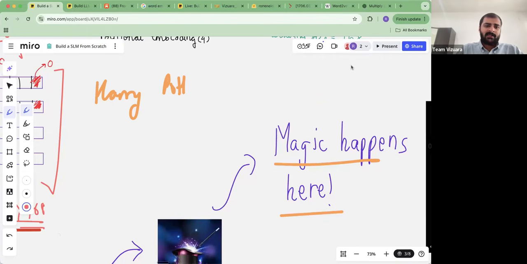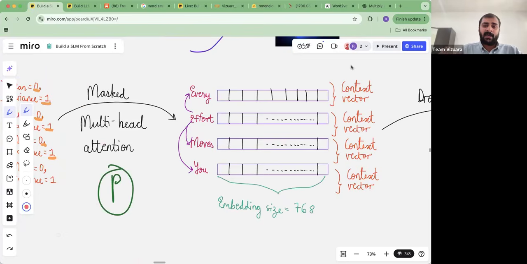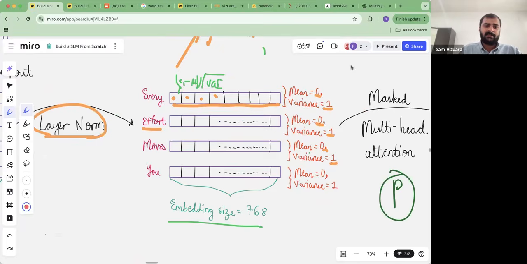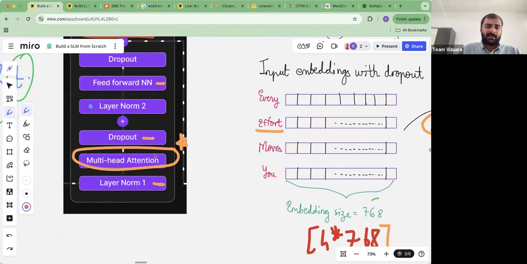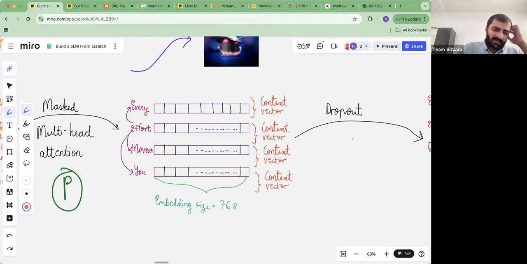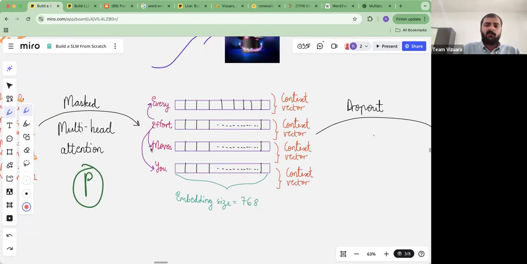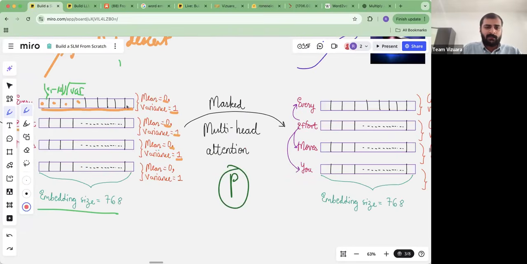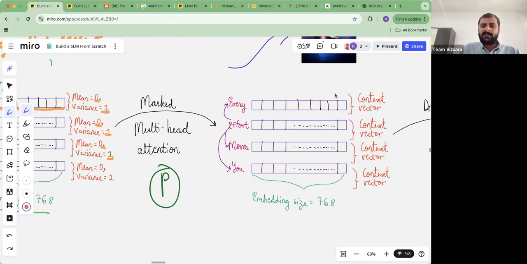So the only place in the whole SLM architecture where this context building happens, where neighbors get to know about each other, is in this block called multi-head attention. I'm going to explain at the end of this whole architecture block how this works. But for now, just remember that when each of these rows goes through this multi-head attention layer, the output is still a 768 dimensional vector.